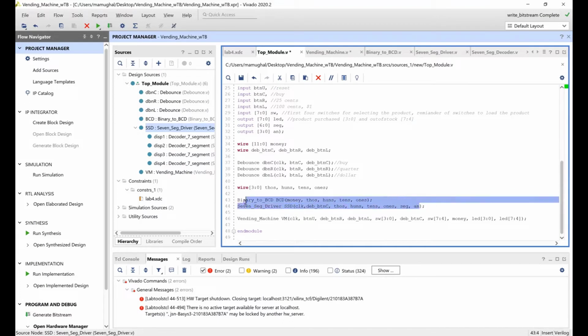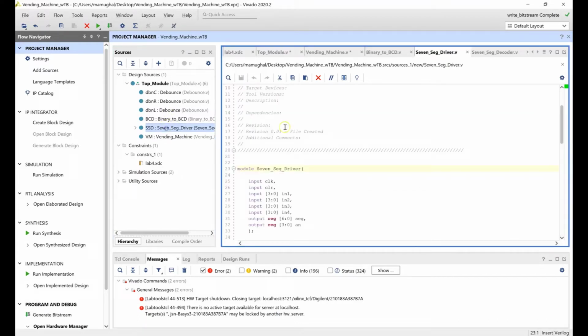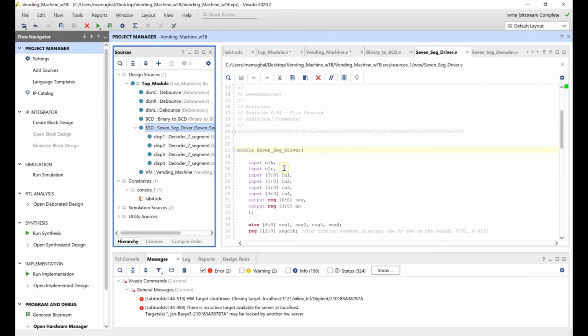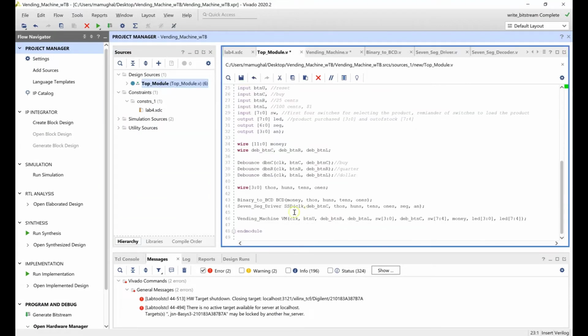Make sure to follow the same sequence for your inputs and output ports as they appear over here. So for example, for the 7-segment module, I got clock, clear, and the 4 inputs. So if you look at the top module, you should have clock and clear, the 4 inputs, thousands, hundreds, tens, and ones, segments and enable, right? So just follow the sequence. And then similarly, we're going to follow the sequence for the vending machine as well.